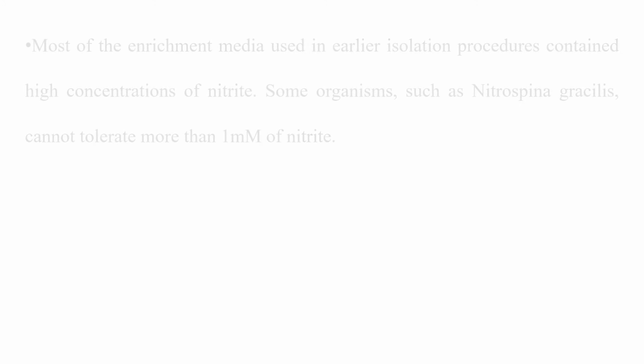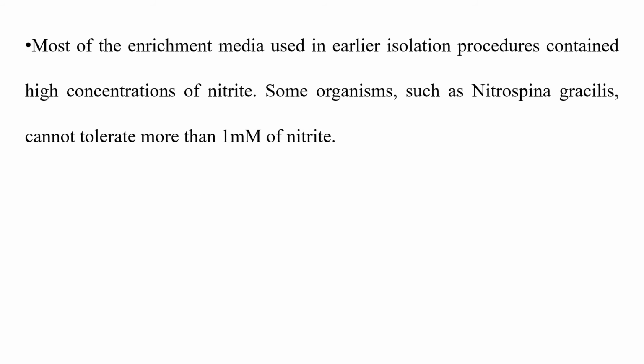Now we are going to discuss the cultivation of chemolithotrophic bacteria. Here we are going to discuss the enrichment of those bacteria which will grow in the presence of a high concentration of nitrite.